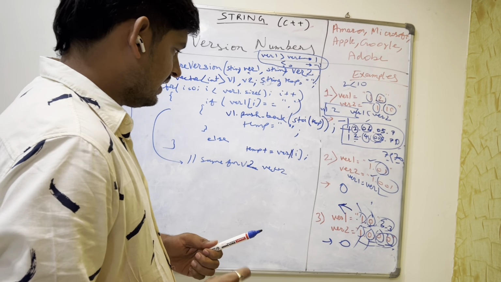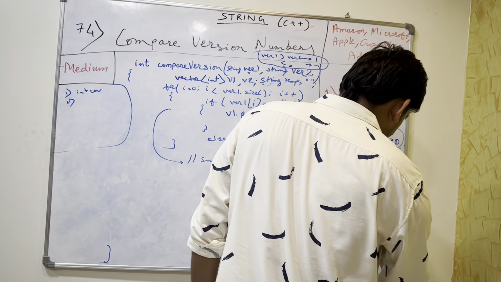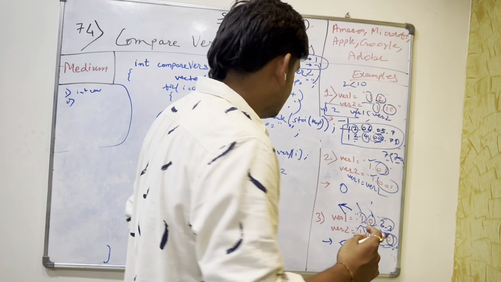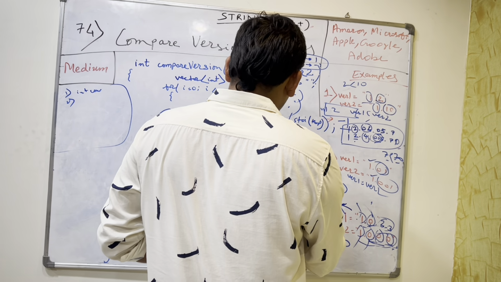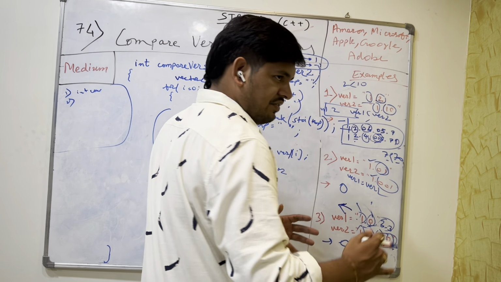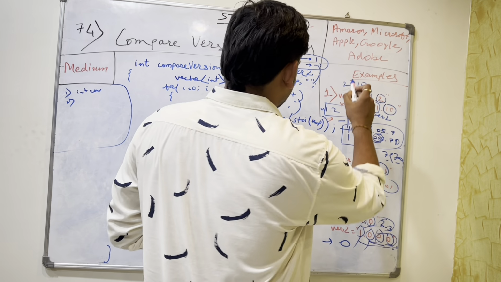Now one thing is there, we will ignore the zeros. We will start from the last element of the v1, v2 vector, and then we will ignore any zero that is there, where only zeros are stored in the vector.